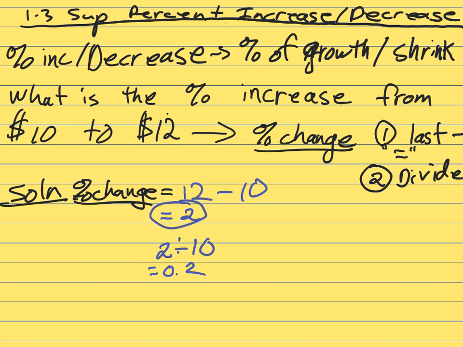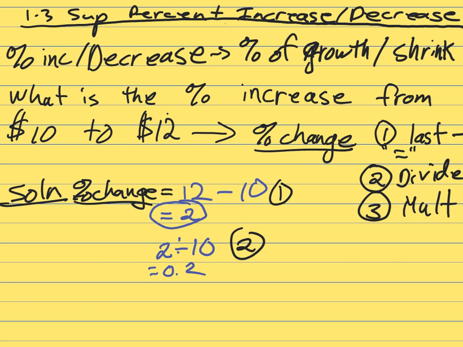Now, a long time ago, I told you how to go and change a decimal into a percentage. And that's what step 3 is here. We must multiply by 100. So step 1 was this, step 2 was this, and step 3 is the following.